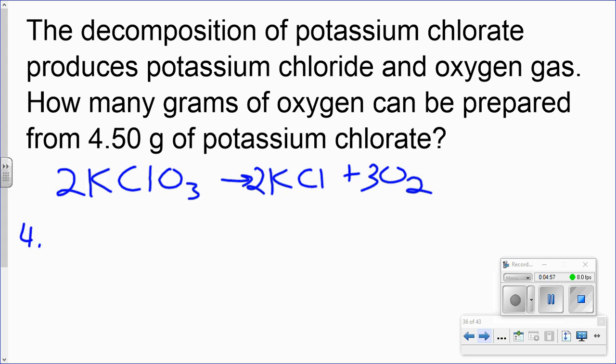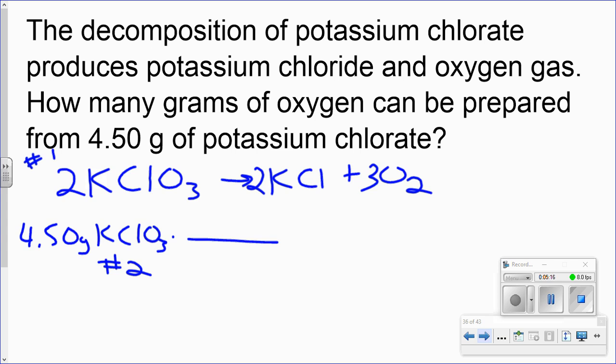So if I have 4.5 grams of KClO3, let's go. Step number 1 we did. Step number 2 I have to do. I'm not in moles, but I have to get to moles, so that's just a mass to moles conversion. The molar mass of potassium chlorate, we have to add that up.